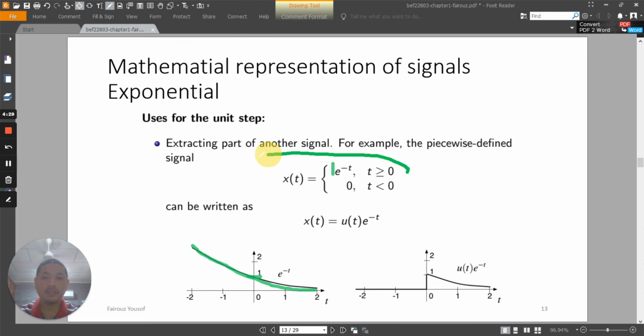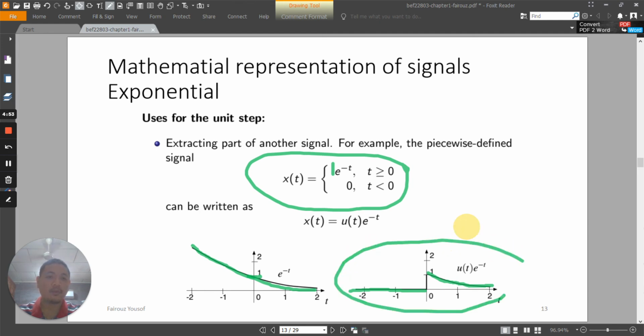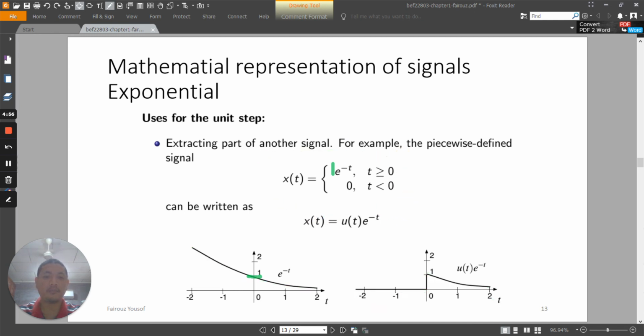But if we have this piecewise function, it will look like this. For t less than 0, it is 0. For t more than 0, it is the exponential decay. So this can be written as this.